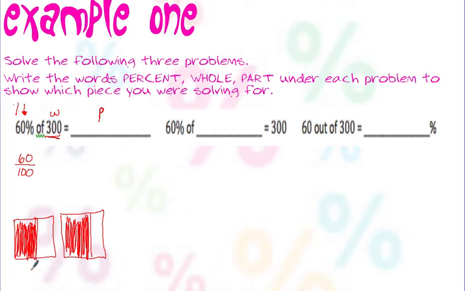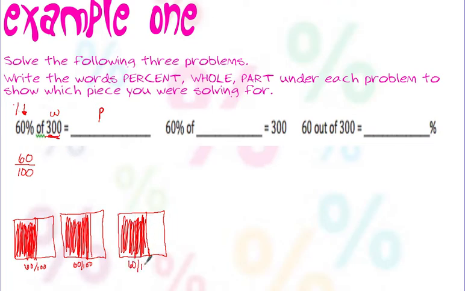So this is 60 out of 100, and this is 60 out of 100. Again, these are just rough drawings, but I did go just a little bit over half. And I'll go again. The reason I did 3 blocks of 100 is because I'm looking for 300. This is nice and simple because 300 is a multiple of 100.